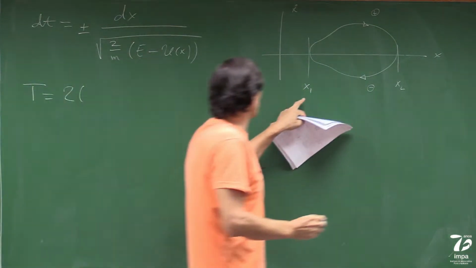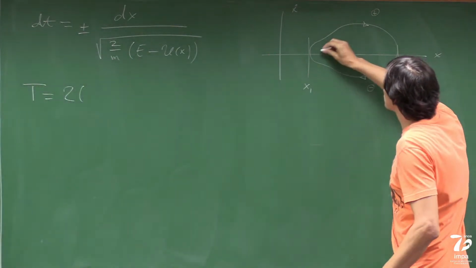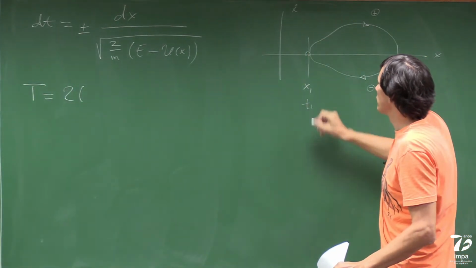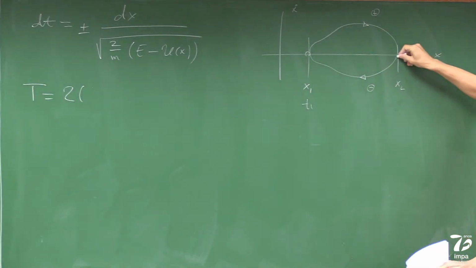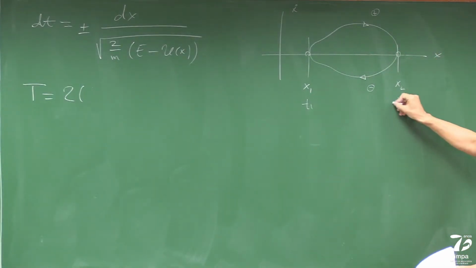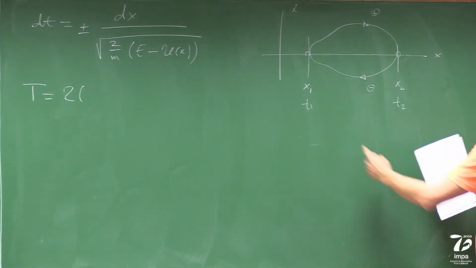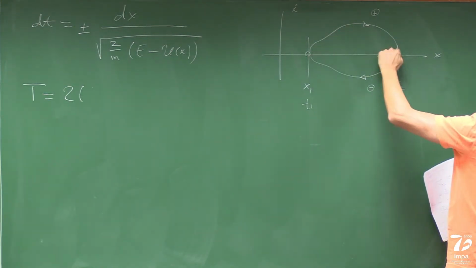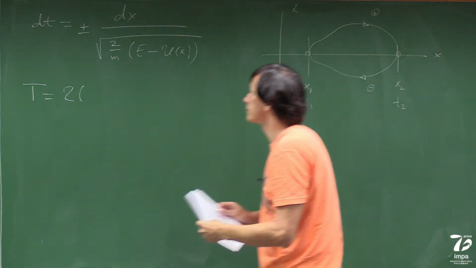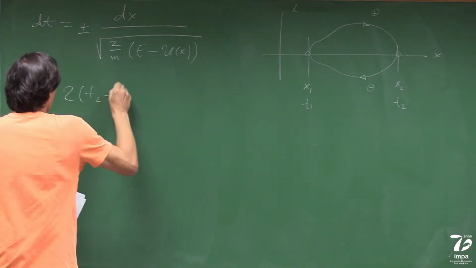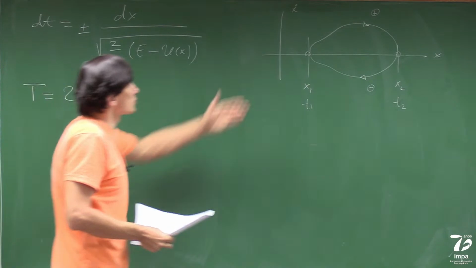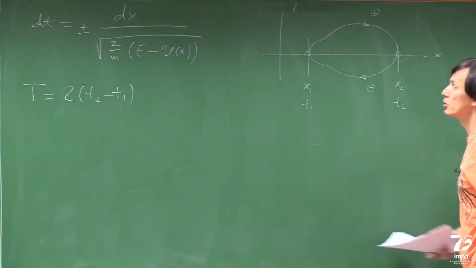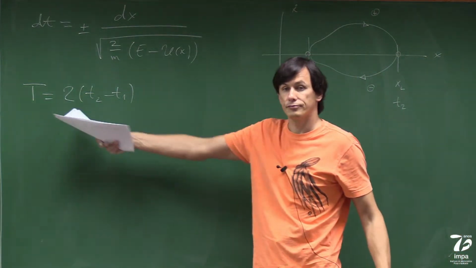Let's consider the upper part, which goes from point x1 at time t1 and reaches the rightmost point x2 at time t2. So the time which it travels from left point to right point is t2 minus t1. But due to the symmetry, it's the same time as it travels backward to the origin point, so that's why I can just put 2.